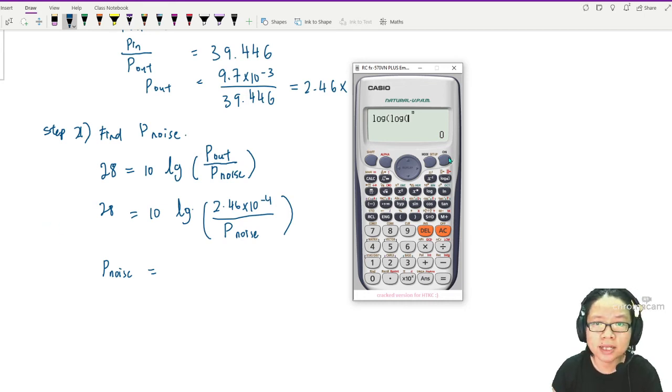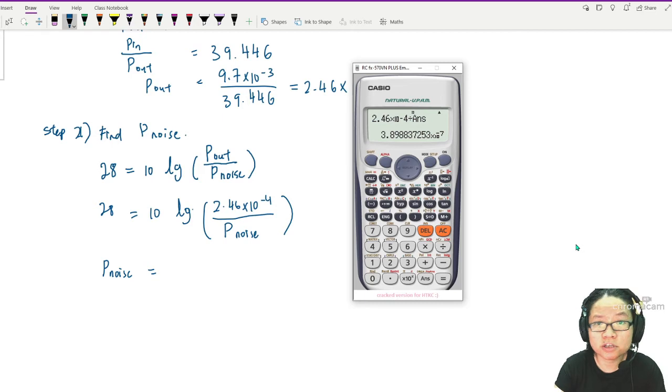So I will anti-log, which is 10 to the power of 2.8. So this number is the ratio of output over noise. I want to find noise. So I will take 2.46 e to the power of negative 4 divided by answer. Or you can divide by 631 if you want to.